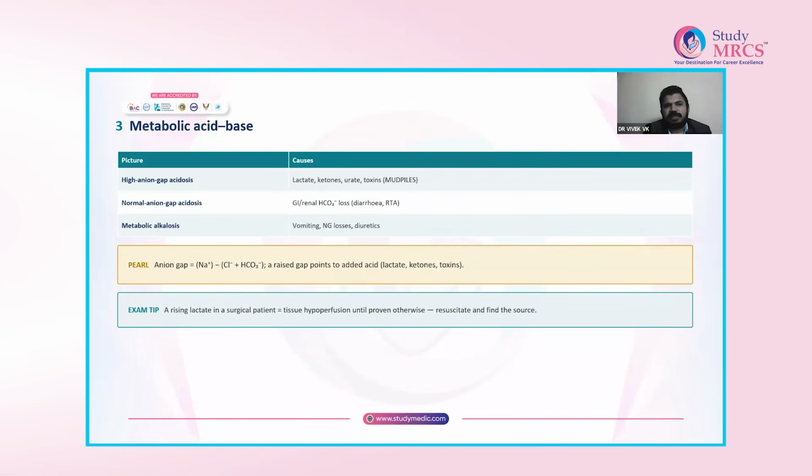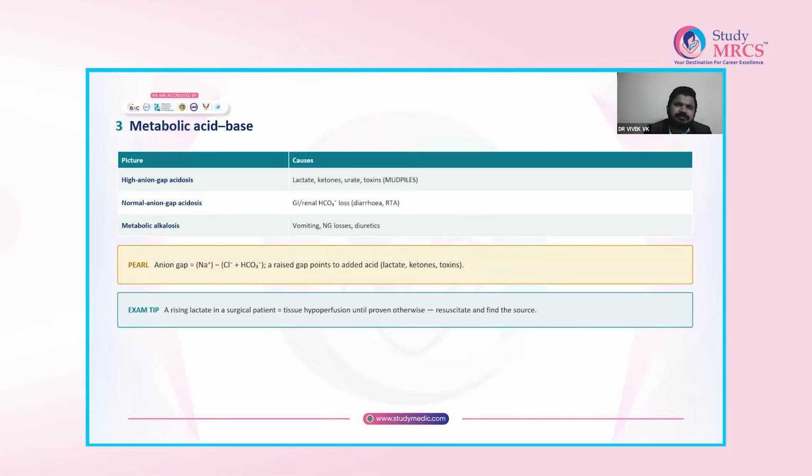So the acidosis, that is a high anion gap acidosis. The causes could be excessive lactate. That is, suppose a patient is having sepsis, obviously the lactate level will be increased. That can cause high anion gap acidosis. The ketones, a scenario like diabetic ketoacidosis, the patient is having high anion gap acidosis.